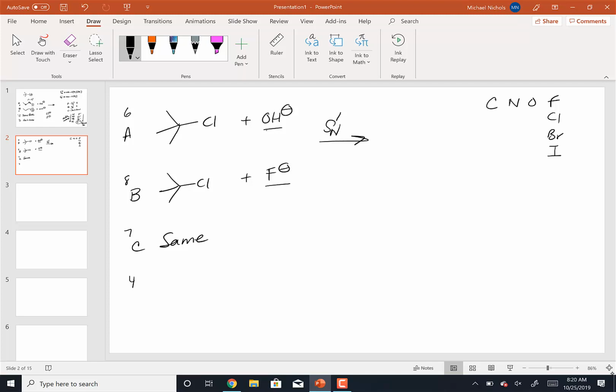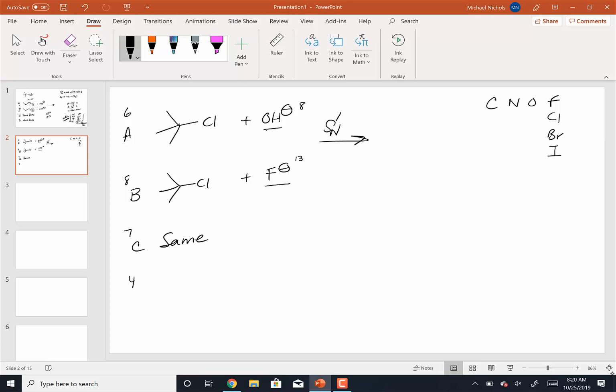We have 8 for hydroxide as a better nucleophile and 13 for fluoride and 1 don't know. Okay, so we need to go back and talk about what makes a better nucleophile.